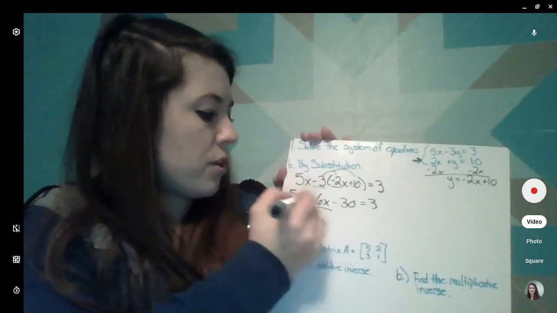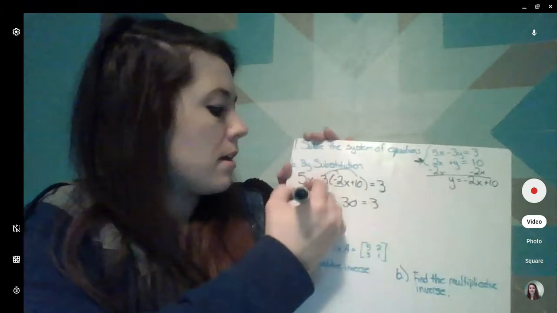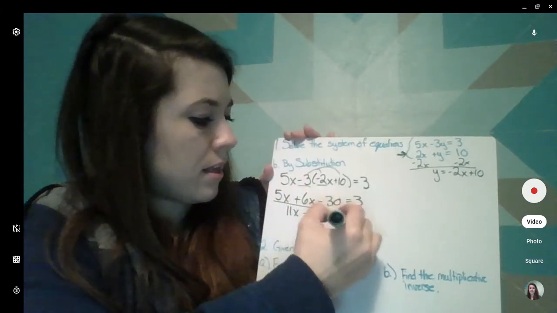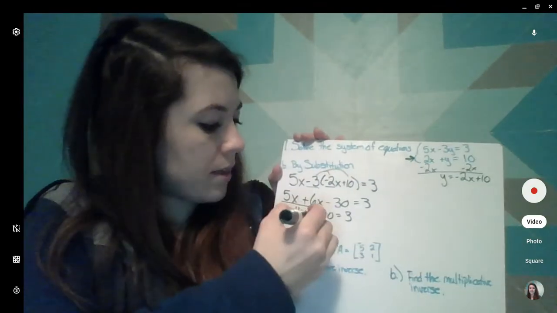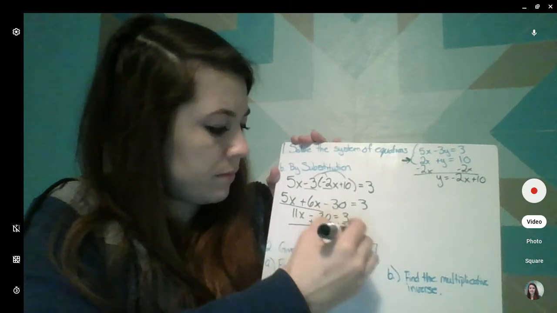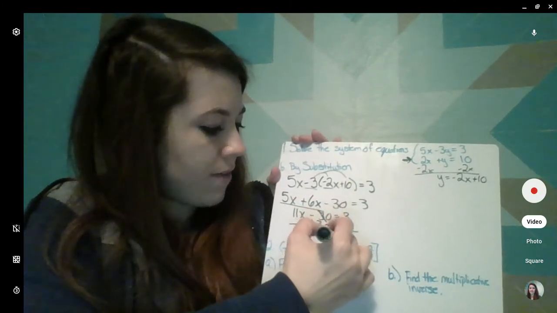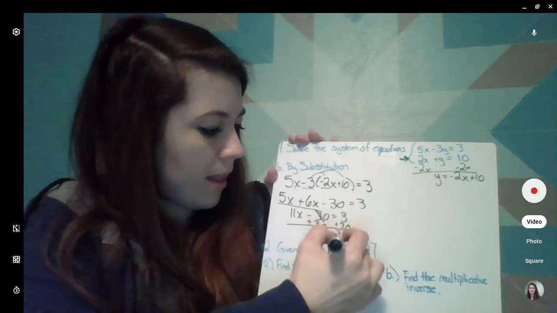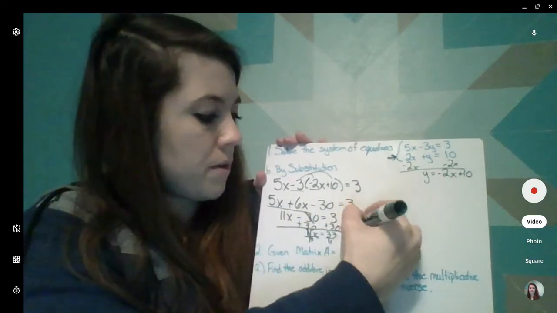Combine like terms, so 5x plus 6x gives us 11x minus 30 equals 3. Next, we're going to add the 30 over. So we have 11x equals 33. Divide by 11. I ran out of space, so I'm going to write it up here.